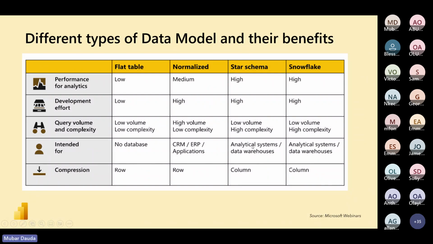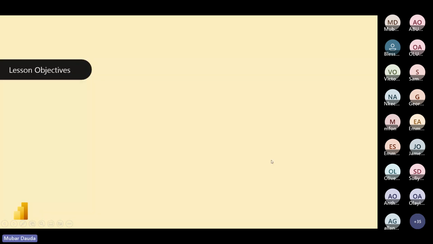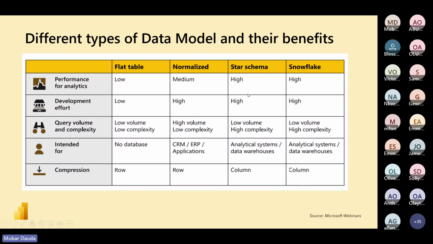And when we are doing advanced stuff, you go into snowflakes. The normalized one that I just showed is medium performance, high volume, and CRM, all those things. These are the benefits, and you can see the benefits here. You can go through them. And that's all for data modeling.